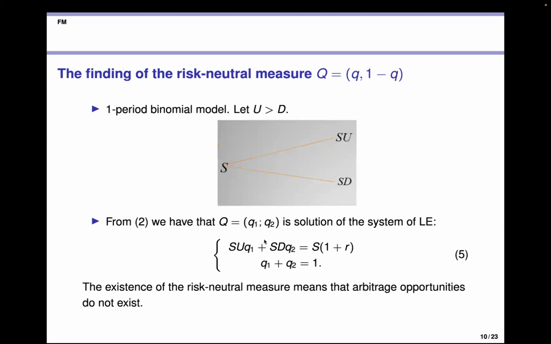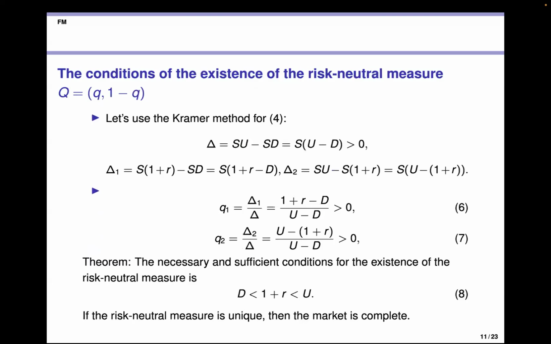Okay, you remember this. And we figured out the condition of the existence of a risk neutral measure. This condition is that 1 plus r, where r is the interest rate, should be more than d and less than u.